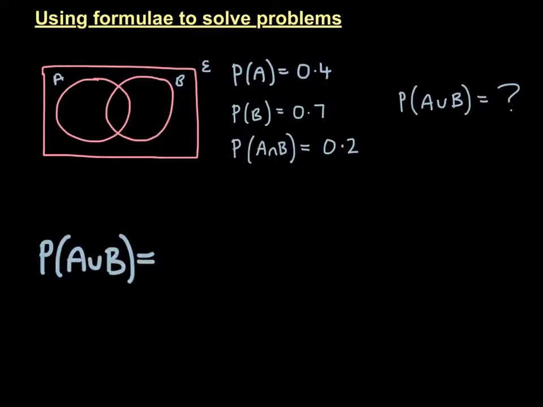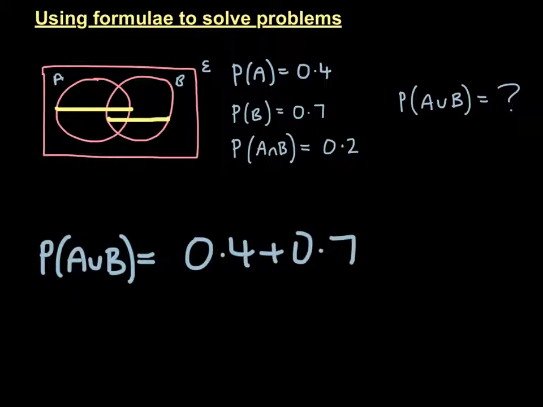Let's start with the probability of A union B being A and B both combined. So I'd have probability of A be 0.4, probability of B is 0.7. Now if I added both those things together, I'd be adding the intersection twice.